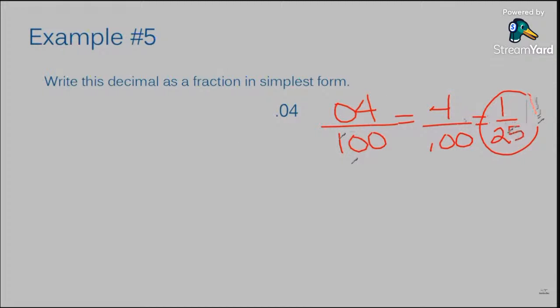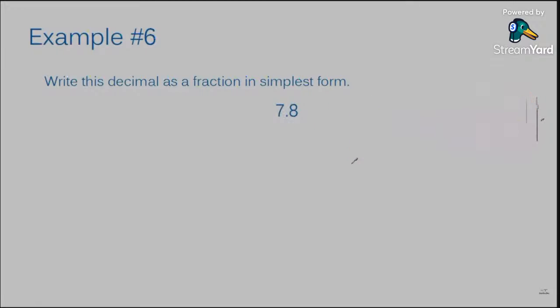Let's move on to example number 6. Write this decimal as a fraction in simplest form. Okay, again, we have a number that has a whole number. The whole number is just going to be brought out because we are going to have a mixed number. Whenever we're dealing with whole numbers and we are converting from a fraction to a decimal or a decimal to a fraction, the whole number does not need to be a factor.